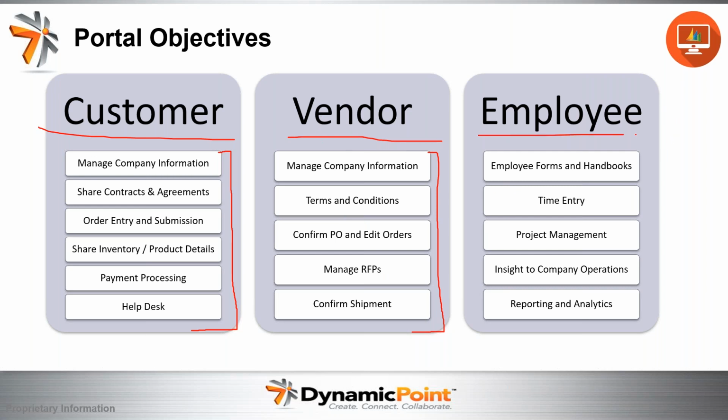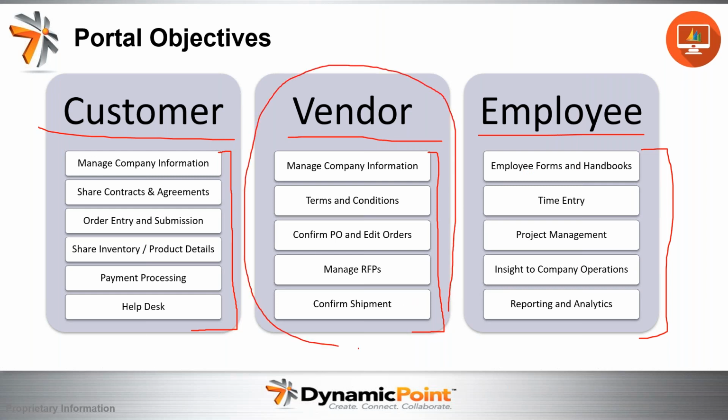And then last but not least, an employee portal, such things being more internal and HR focused, such as employee forms and handbooks, time entry, project management, insight to company operations, etc. The one that we're really looking at today is this vendor management aspect. That's our focus today: taking a portal, and what operations and functionality I could use this portal to start providing to my vendors specifically.